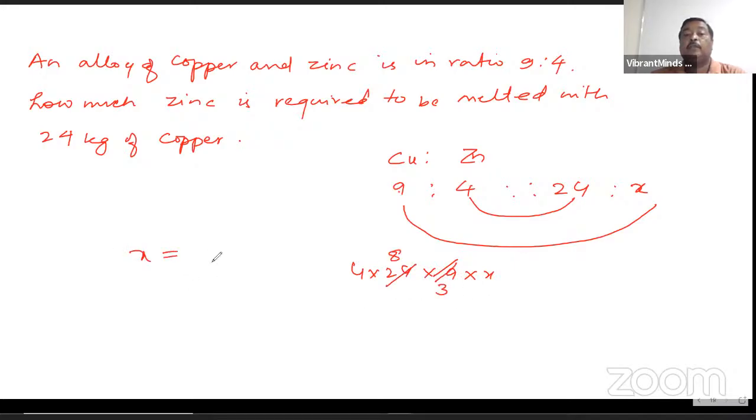So the value of x is how much? 32 by 3, and that is 10 2 by 3 kg. Is it clear? 10 2 by 3 kg. Go ahead with the next question.